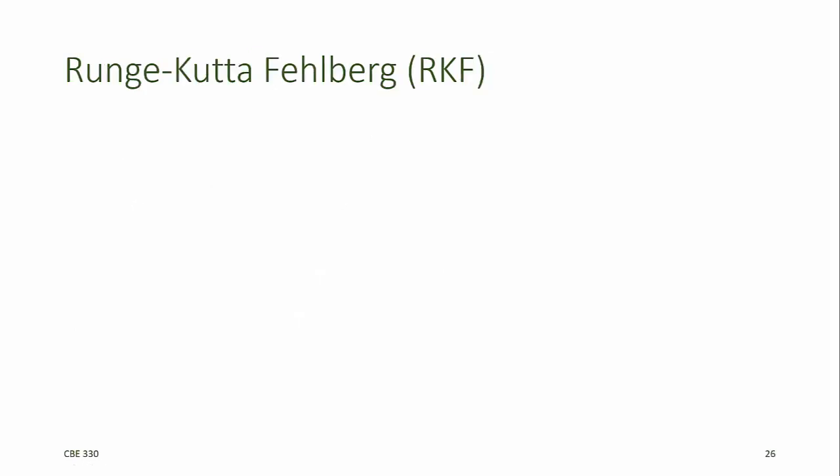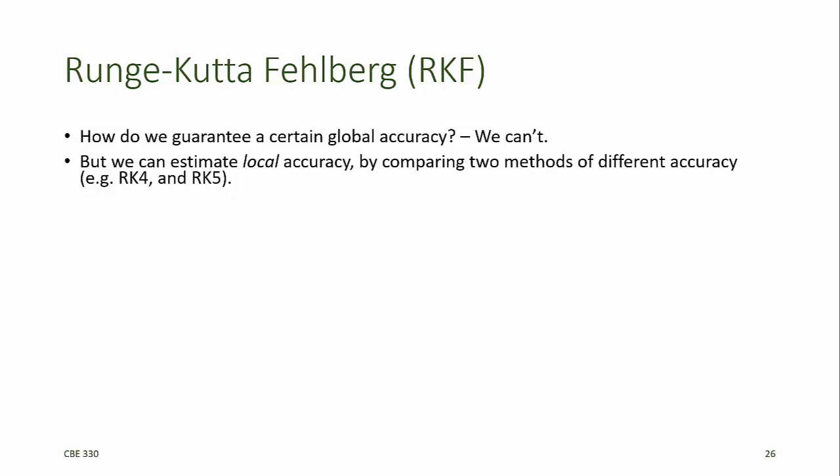Runge-Kutta-Fehlberg methods are methods that have an adjustable step size. With Runge-Kutta methods, we cannot guarantee a certain global accuracy, but we can estimate the local accuracy by comparing 2 methods of different accuracy. For example, we could calculate y at xi plus 1 using an RK4 method, and then compare that to a more accurate estimate of y at i plus 1 using an RK5 method.